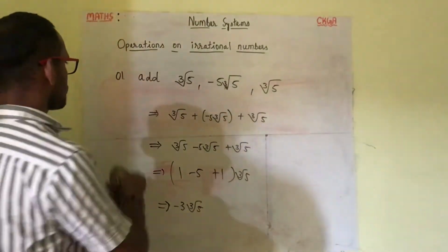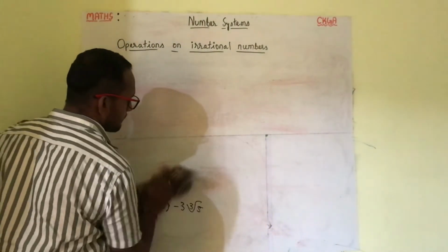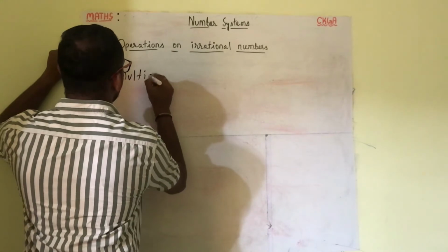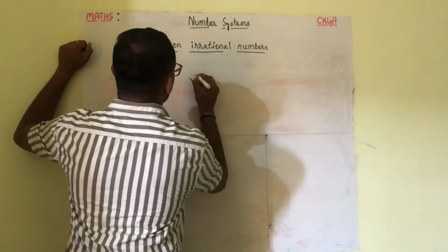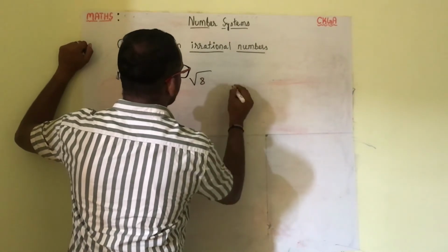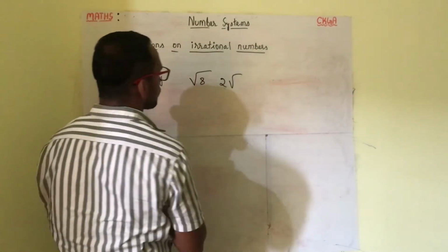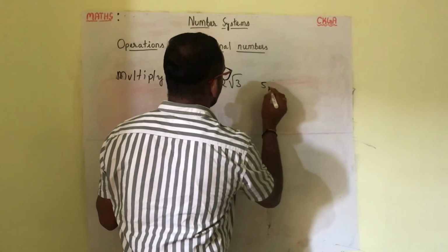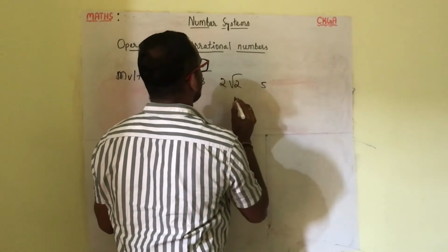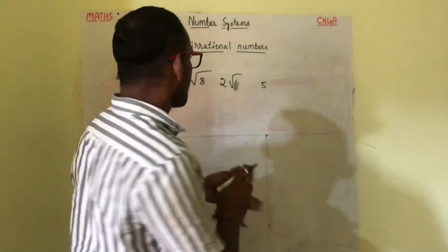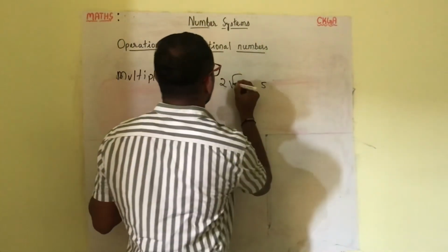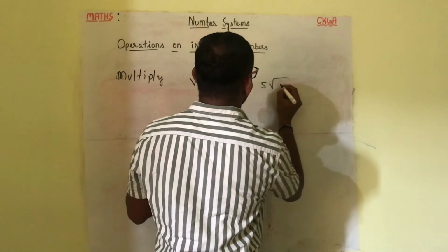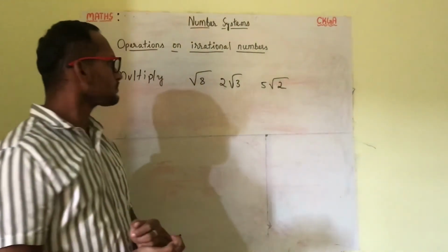I'll take one multiplication example. Multiply: root 8, 2 root 3, and 5 root 2.